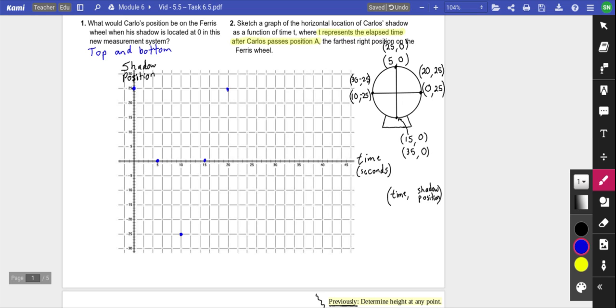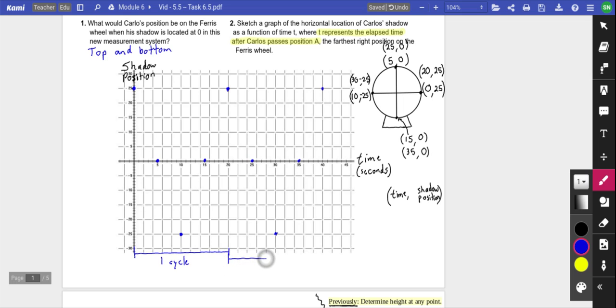So we started at the height 25. When we get back to height 25 again, that would be one cycle. And if you look at the wheel, 20, 25 means we have gone around the wheel once. We'll keep going. The next one is 25, 0, 30, negative 25, 35, 0, and 40, 25.